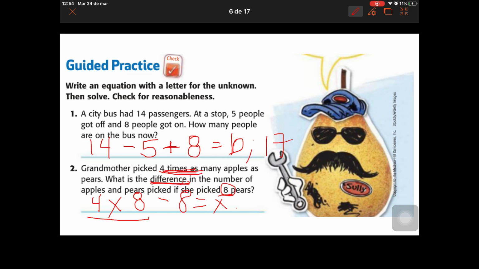It's 32. And then you subtract the number 8 from the 32 and you have how much? 24. Very good. Is that okay? Great. Let's go to the next one.